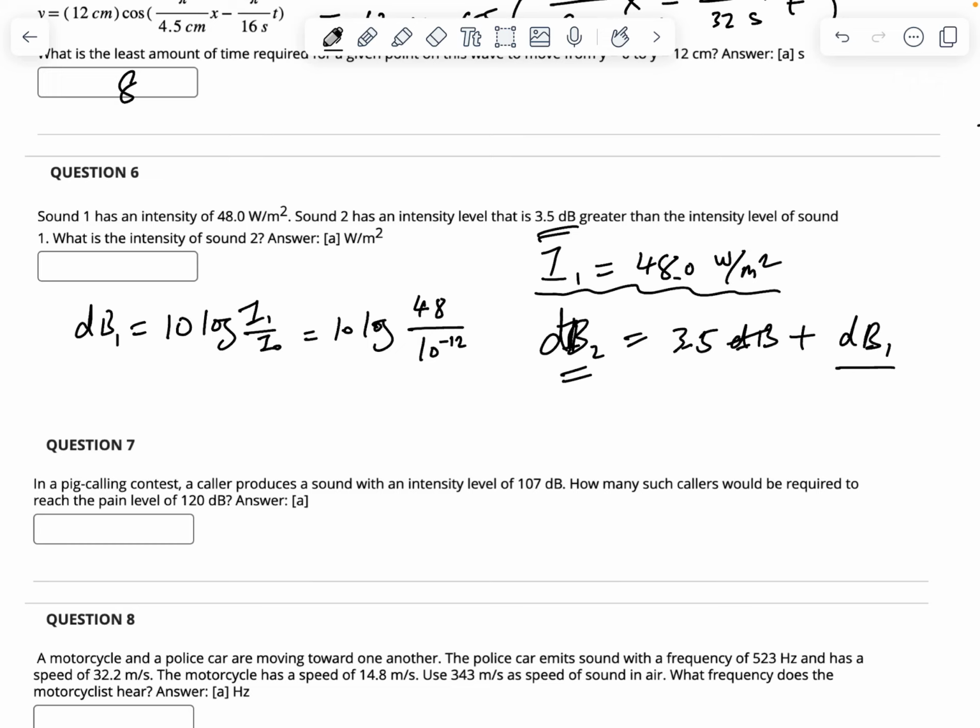So this will be a big number. Whatever it is, plug it in and you figure out dB2.